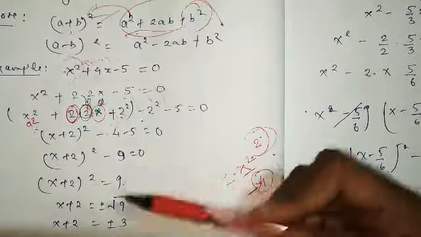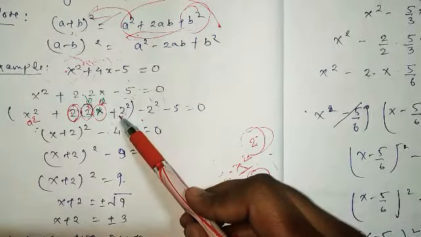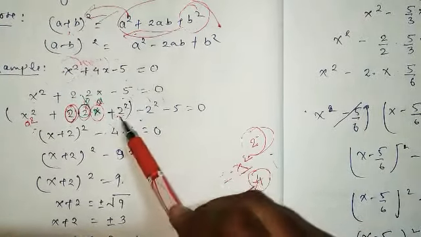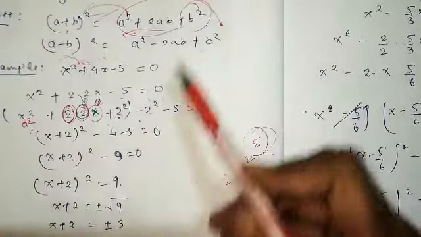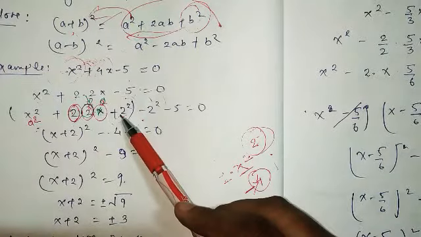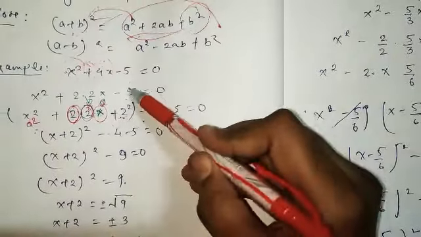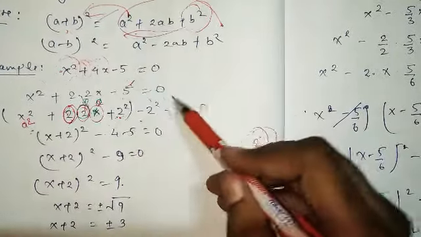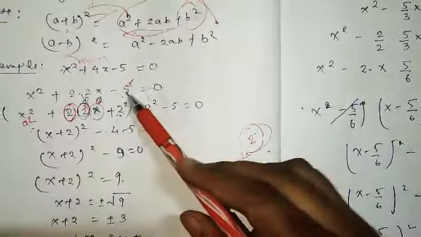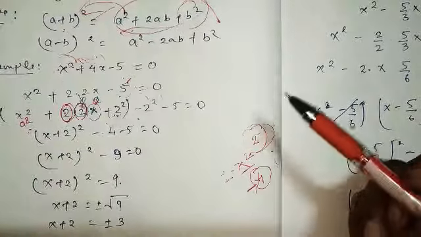Okay, I hope you are getting it. So this is plus 2 square. I have taken this to make this formula. This is with the plus sign, and the same number will be taken with the minus sign, and this is minus 5. It was already there. So this was minus 5 is equal to 0.